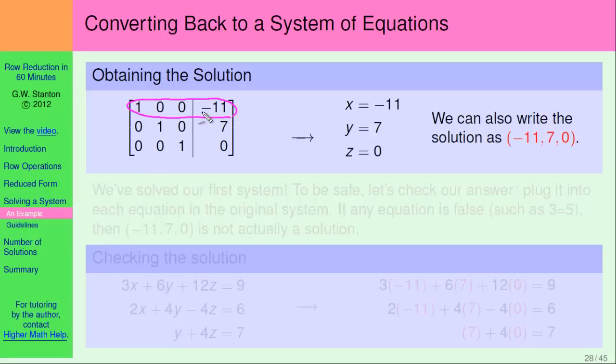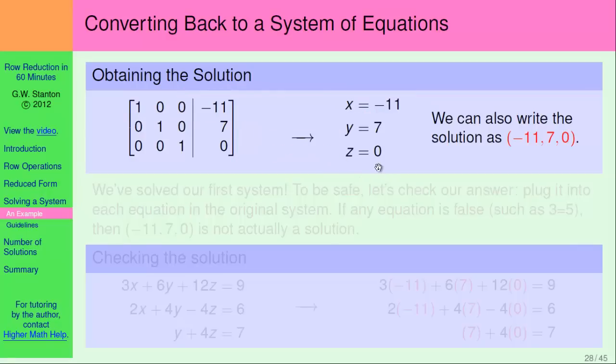The first row then represents 1 times x plus 0 times y plus 0 times z equals negative 11, and that's the same as just x equals negative 11, which we have here. Similarly, the second equation would just be y equals 7, and the third is z equals 0.